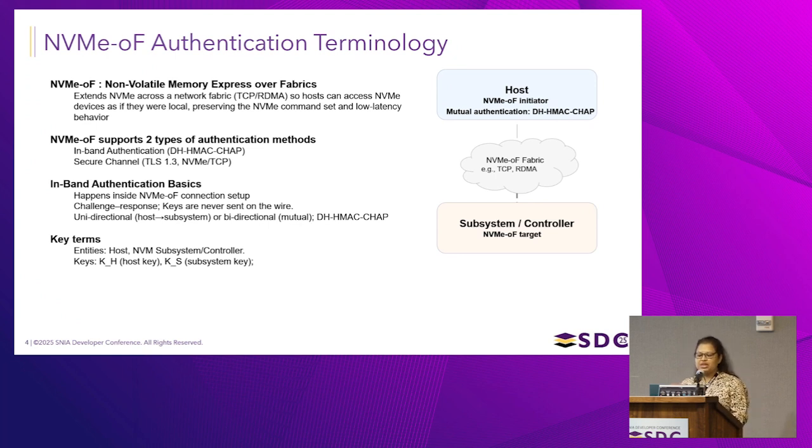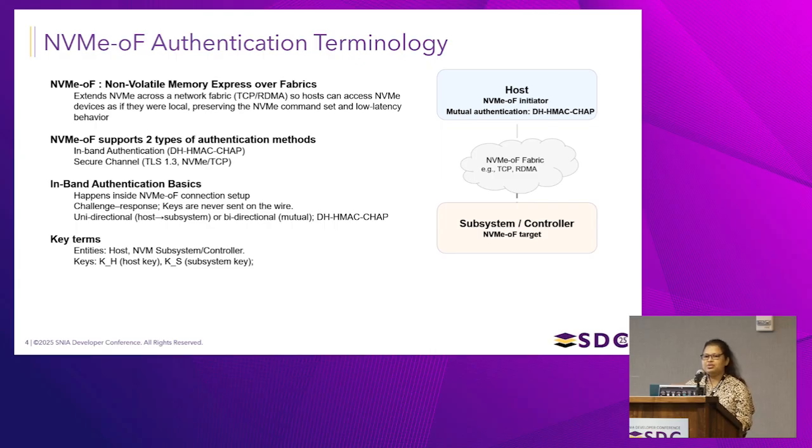Some of the key terms that I'll be using in this talk are the basic NVMe authentication concepts. The first thing is entities. The NVMe host or the subsystem are the NVMe endpoints, or the entities, that have to be authenticated. The second terminology is keys. Each NVMe entity will use a key to prove its identity.